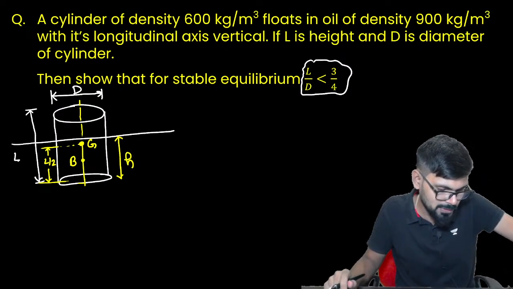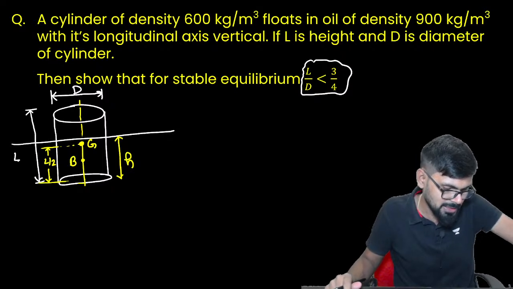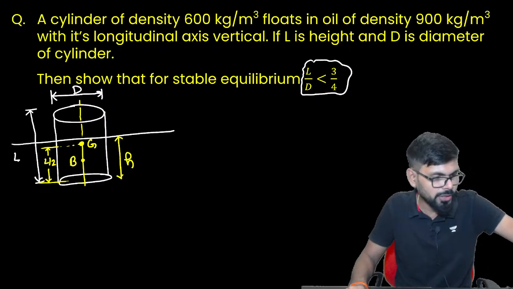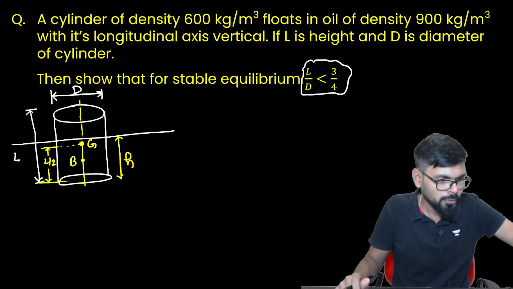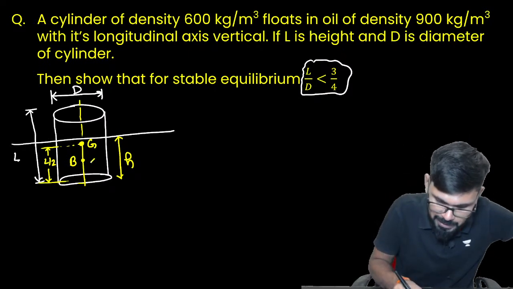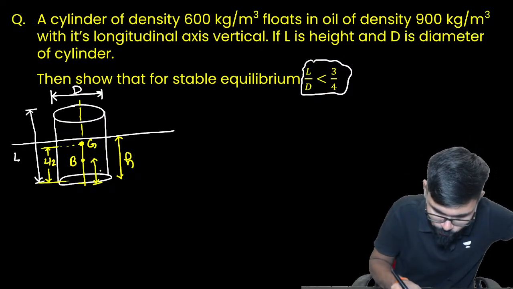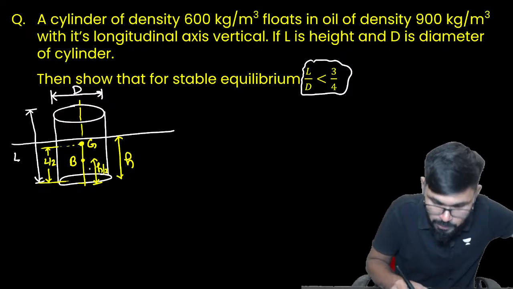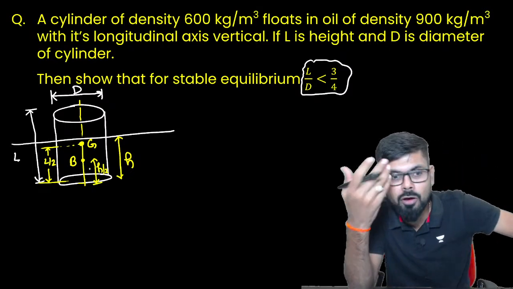Two L by 3 of the cylinder is inside the oil. Very good, Javed. So this value will come H by 2. But we have to find out the value of H basically.